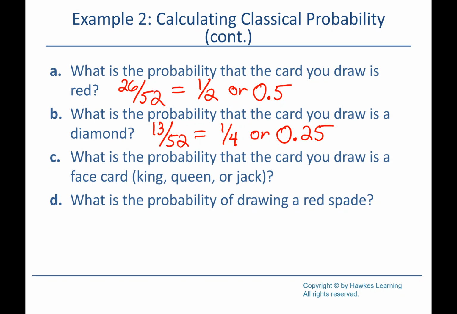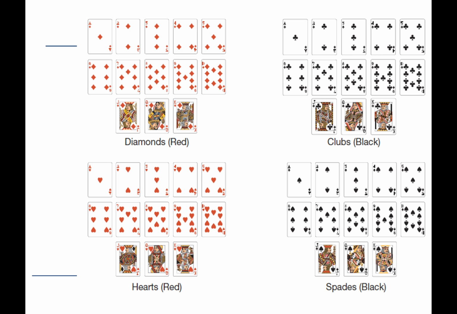C says, what's the probability the card you draw is a face card? That's a king, queen, or a jack. So look back at our cards. We've got a king, queen, and jack of each suit, so 3 in each suit, which makes 12 face cards.